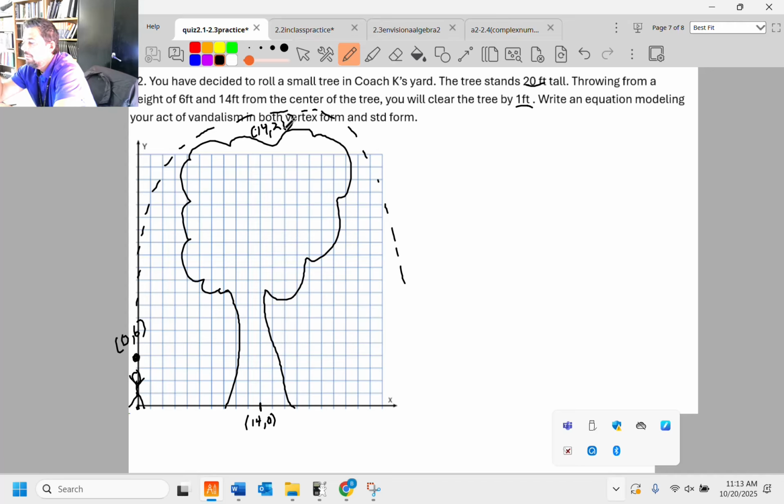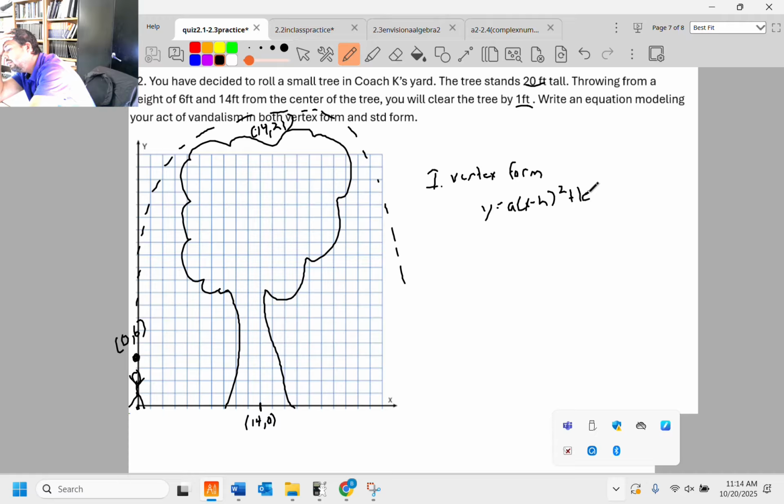Write an equation modeling your act of vandalism in both vertex form and standard form. So let's do part 1, which is vertex, which is y equals a times x minus h, quantity squared, plus k. And h and k are kind of given to you now that you've done a diagram.